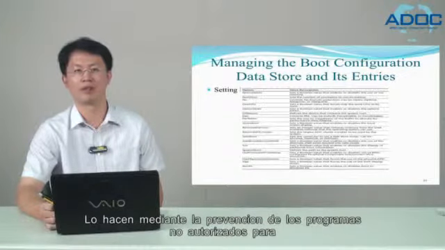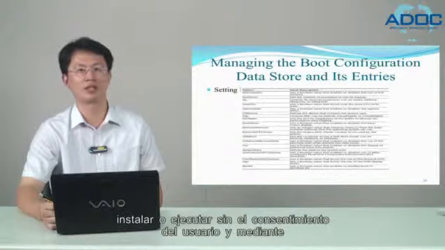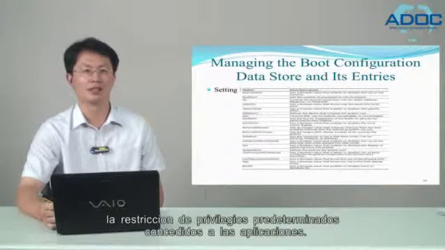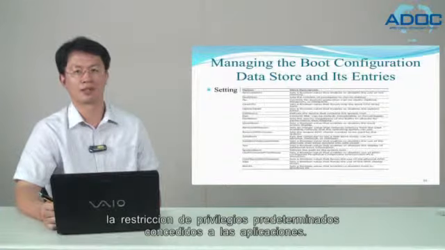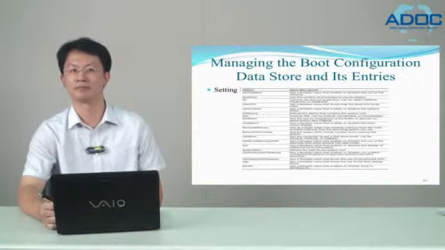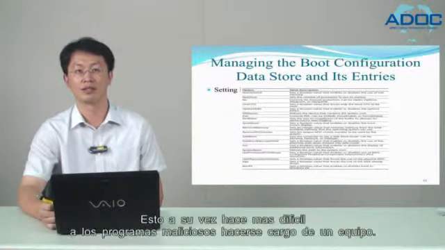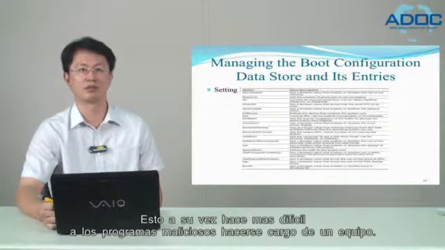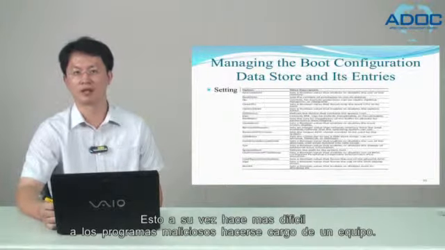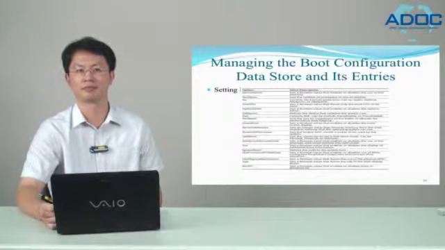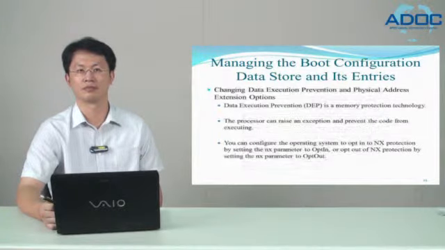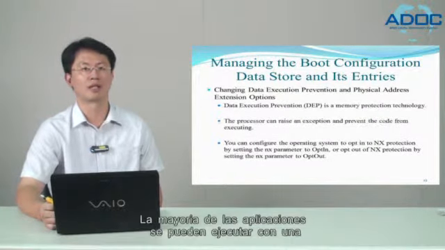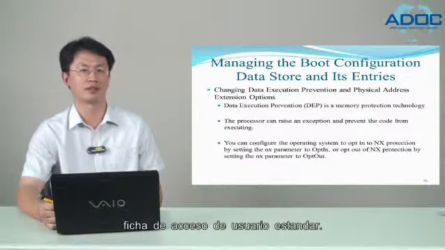They do this by preventing unauthorized programs from installing or running without the user's consent and by restricting the default privileges granted to applications. This in turn makes it harder for malicious programs to take over a computer. And most applications can run using a standard user access token.